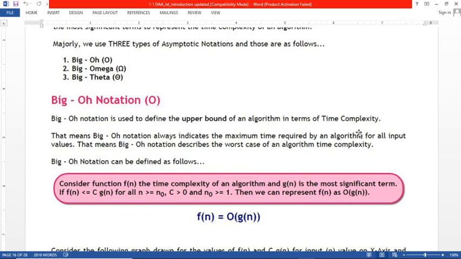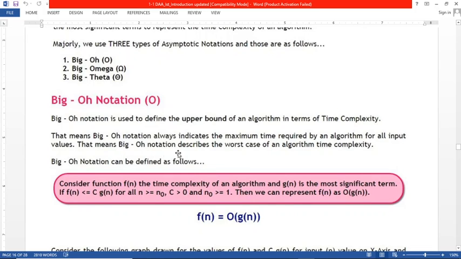So this is the worst case. Upper bound is nothing but defining the maximum time required. How much maximum time is required, you need to specify. That means big O notation always indicates the maximum time required by an algorithm for all input values.